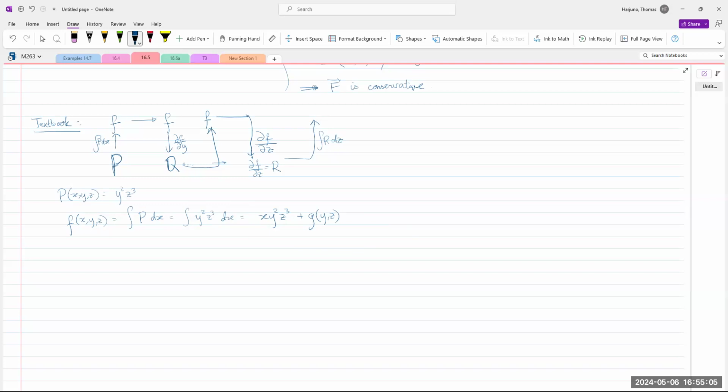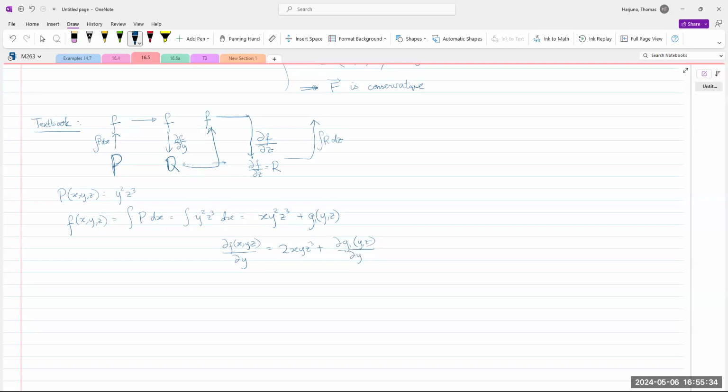Now, when I do the partial of this f(x,y,z) with respect to y, I will get 2xyz cubed plus the partial of that g1(y,z) with respect to y. Is it right?